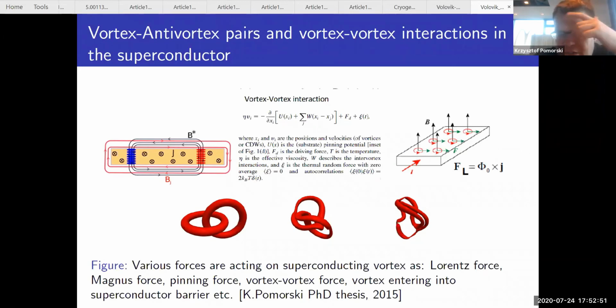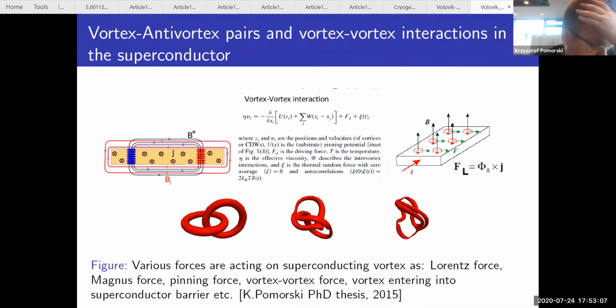This Lorentz force is perpendicular to both the current flow and the magnetic field. So there is an inevitable Lorentz force.